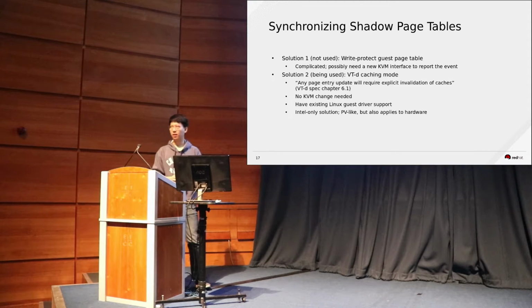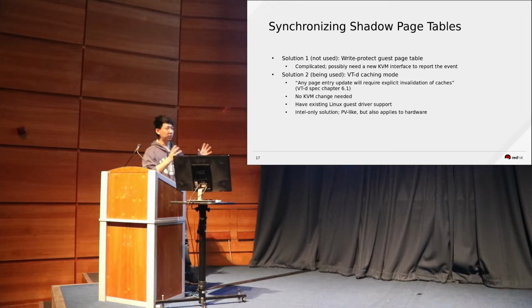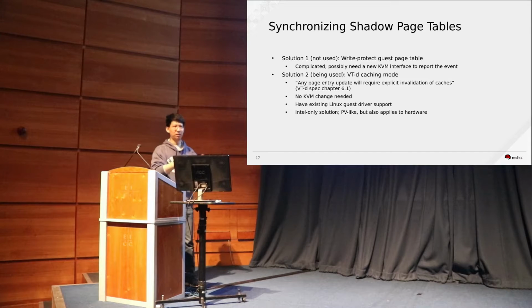And of course, we can have something like userspace, where Andrea had some work to allow write protection. Maybe that can be something in the future. Basically, as long as we can trap the page faults, the writes to the pages, we can know the page table changes, so we can synchronize the page tables.